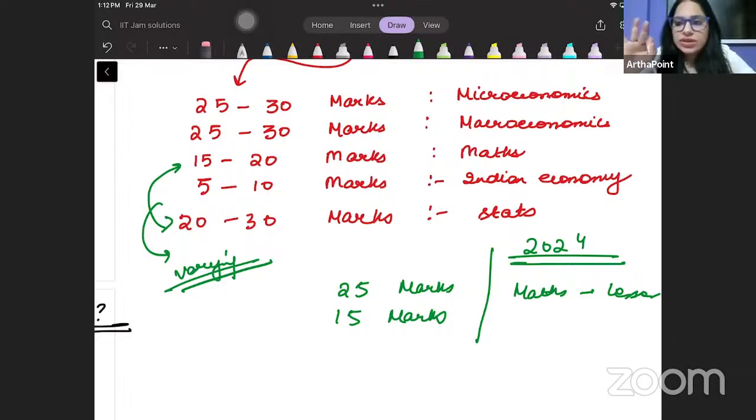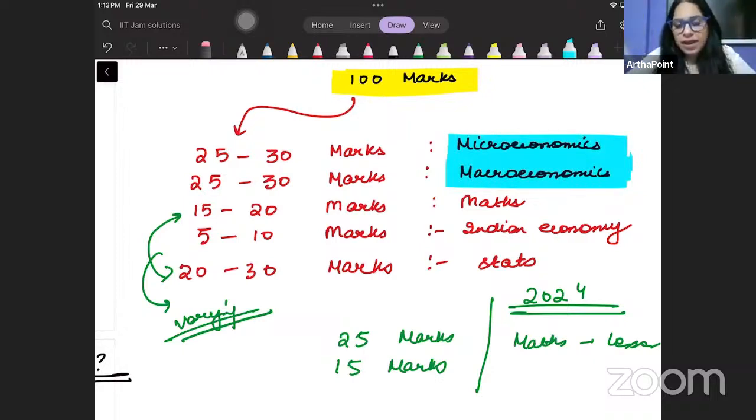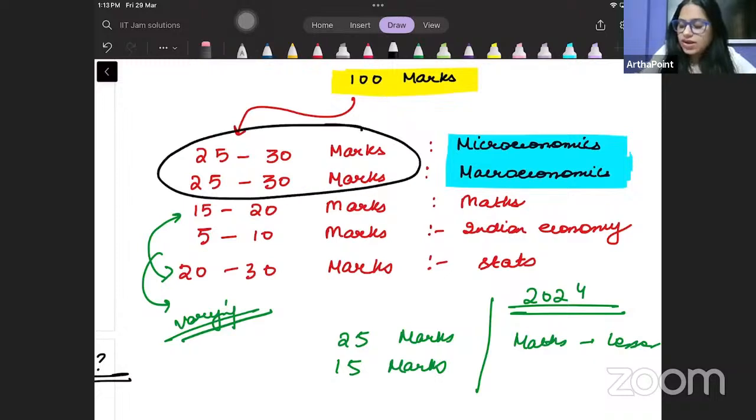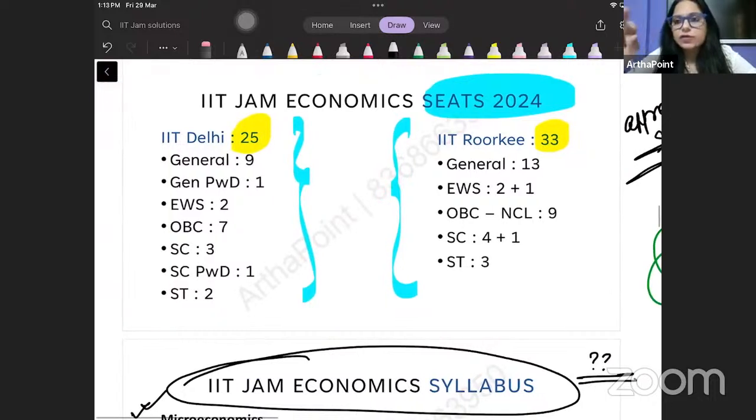So as you can see, micro and macroeconomics is the bigger chunk, right? And if you cover micro and macroeconomics dedicatedly, then you are covering approximately 50 to 60% of the syllabus. 50 to 60% of the syllabus gets covered when you cover micro and macro dedicatedly, right?